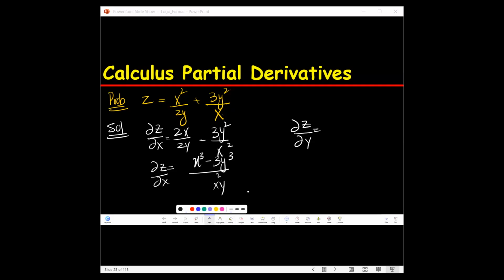Okay. The other side, with respect to y, I'm going to keep x constant, is much simpler. So this time it's going to be minus 2x squared... where is my question? Minus x squared over 2y squared plus 6y divided by x.